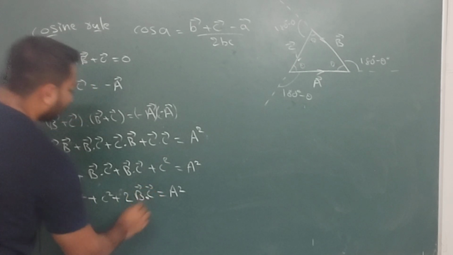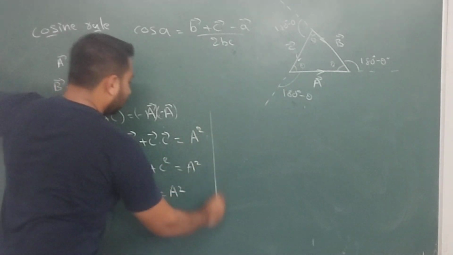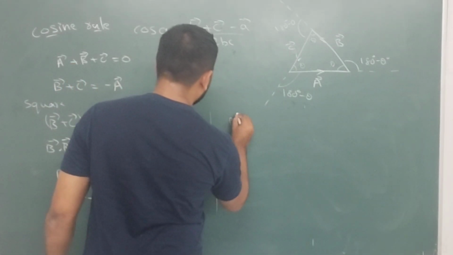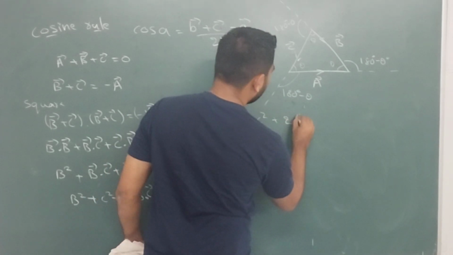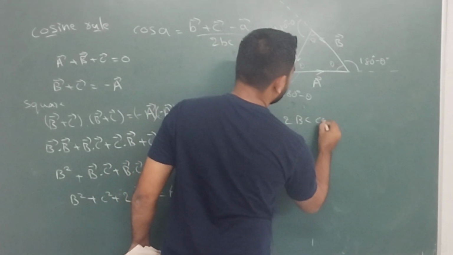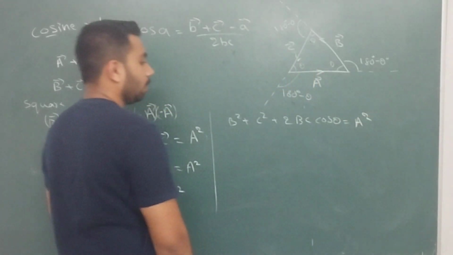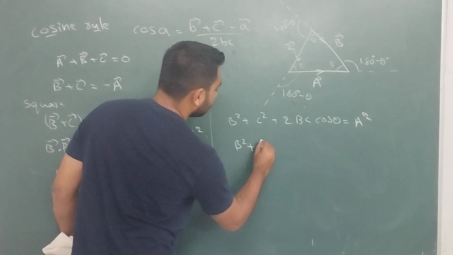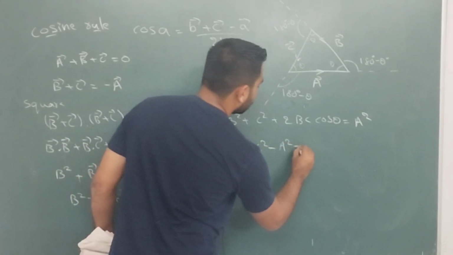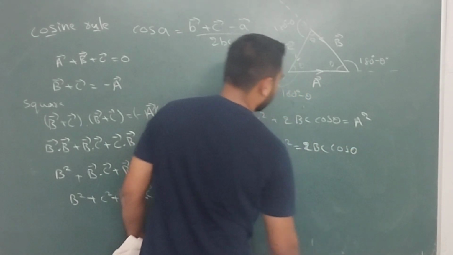Okay, it is in vector form, right? Now if you want to remove this vector form, it will become b square plus c square plus 2bc cos theta is equal to a square. Now b square plus c square minus a square is equal to 2bc cos theta.